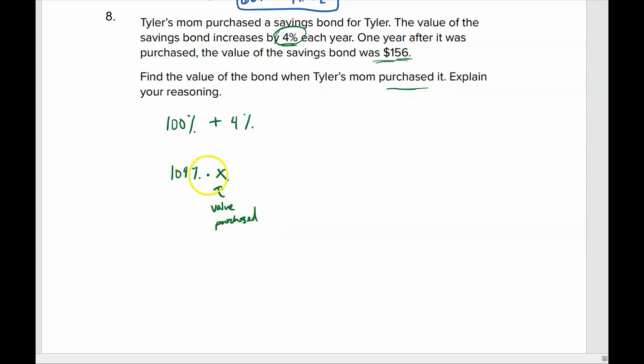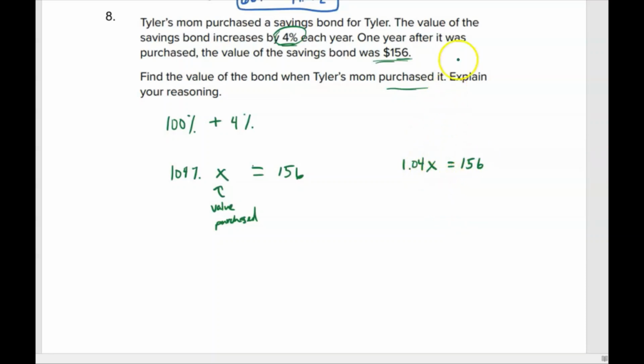We don't know this, so that's why we're calling it x. If I took 104% and multiplied it by that value, it would equal what it's at now, $156. If I rewrite this as a decimal, I'd say 1.04 times whatever that price was equals that total of 156.